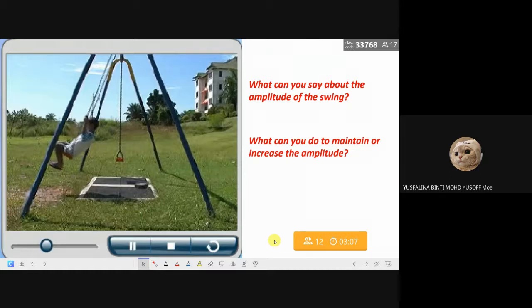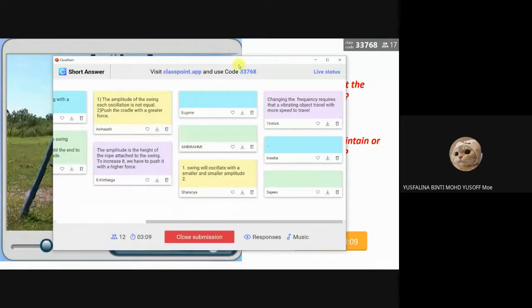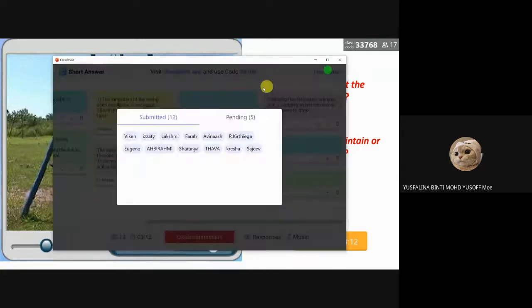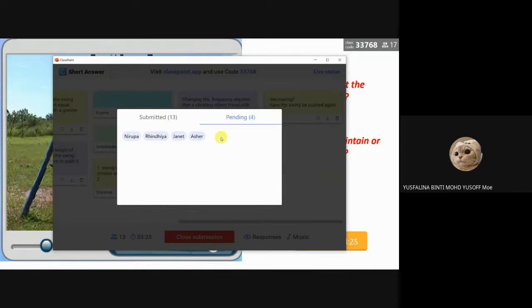Okay, six more. So I will check who still didn't. Nirupa, Rindya, Janet, Asha, and you have two names, Janet. One you use a laptop, another one you use a PC. So Nirupa and Rindya.